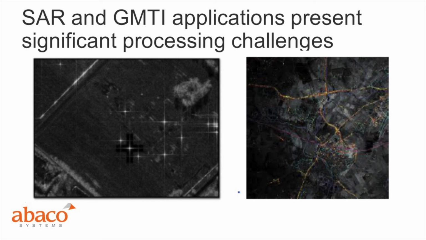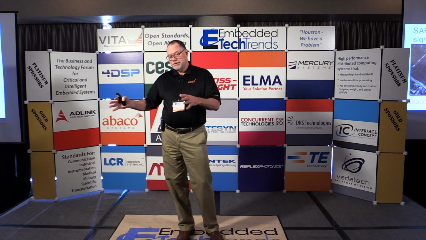If you think about synthetic aperture radar, this really comes from side-looking airborne radar. We're trying to synthesize a larger array, if you will. Lots of processing is required to do that. With ground moving target indication, you've got something moving on the ground, you've got to process that and get all the noise out of the way.